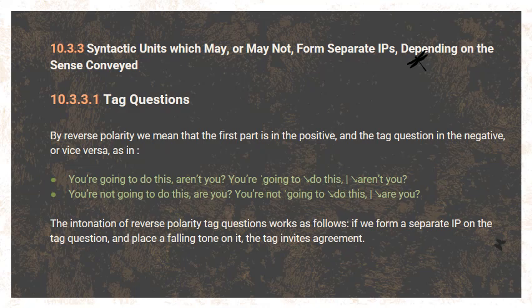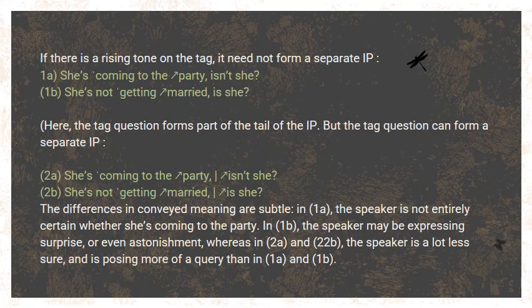The intonation of a reverse polarity tag question works as follows: we form a separate IP on the tag question and place the following tone on it. The tag invites agreement. If there is a rising tone on the tag, it need not form a separate IP. For example, in example 1a, she's coming to the party, isn't she?